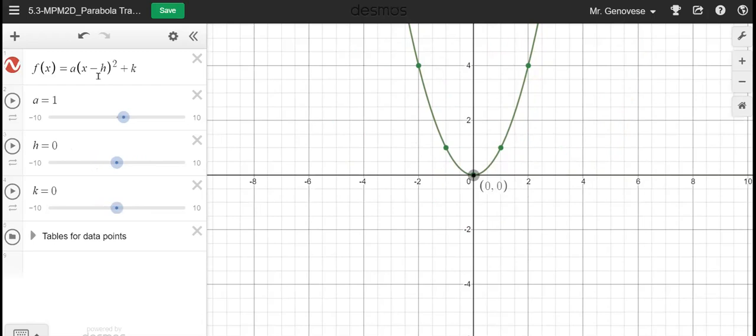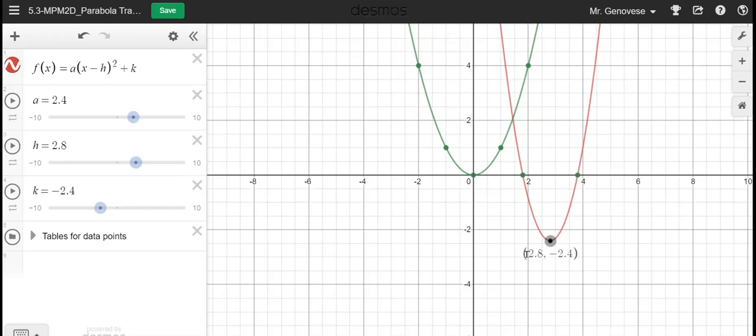Now, the reason why this h and k is very important is because if you look at the key point here is 0, 0, that's the vertex at the moment. So changing the a doesn't really affect the location of that vertex. So I can stretch this out. However, changing the h and changing the k does affect the vertex.